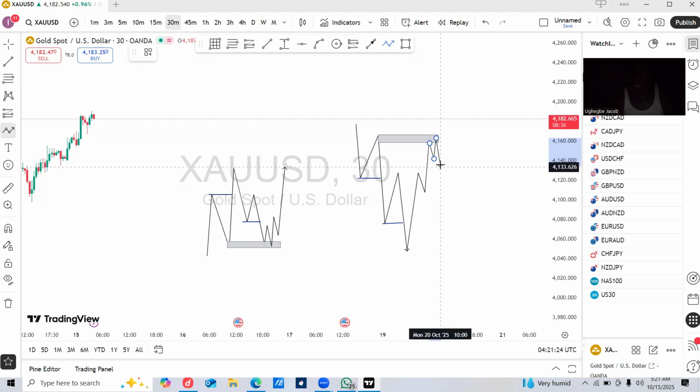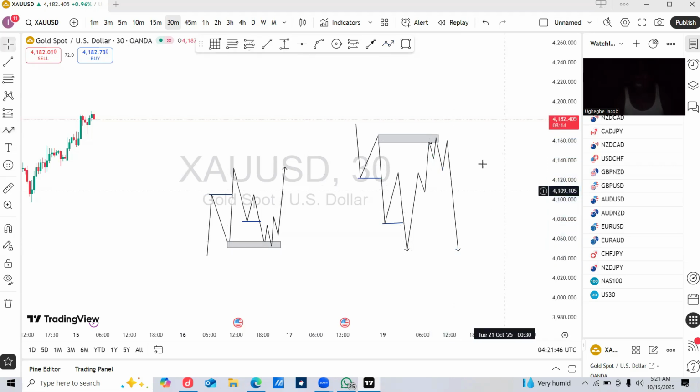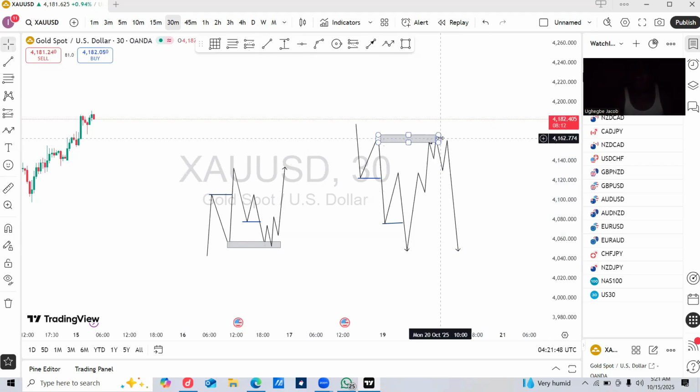So once this area has changed, it means that the lower time frame is already aligned with our higher time frame. From here, we allow the market to return back to this order block and sell down to target this area here. We target the last area as our point of interest.